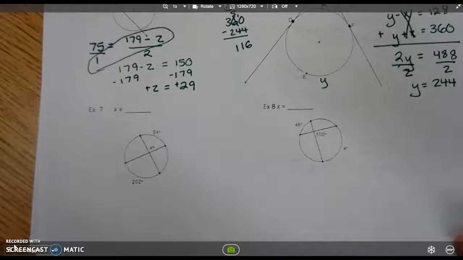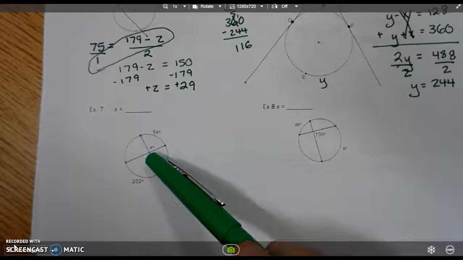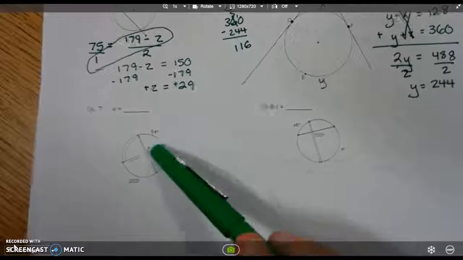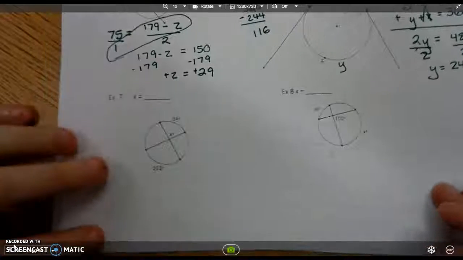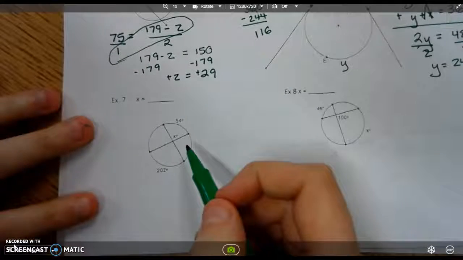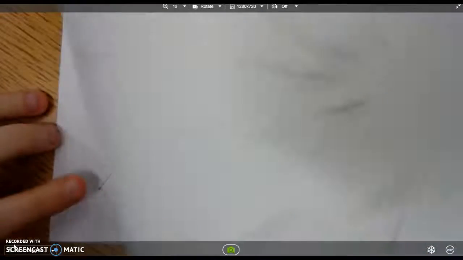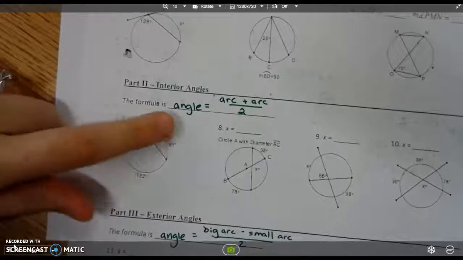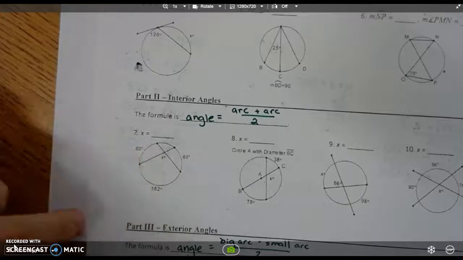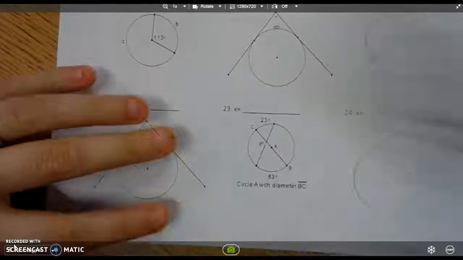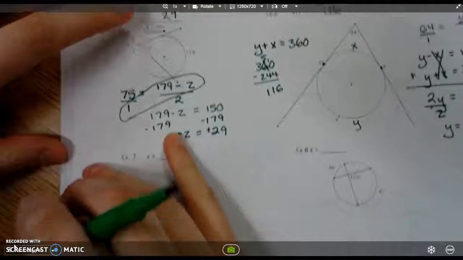Now, examples 7 and 8. The angle is now inside the circle. Which means that I'm going to have to now use my interior angle formula. So basically I'm averaging them. I'm taking the 2 arcs that it opens up to, and I am dividing them by 2.